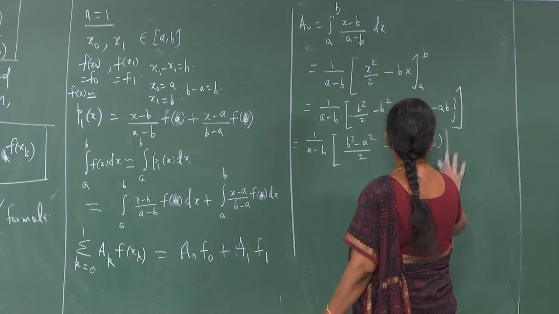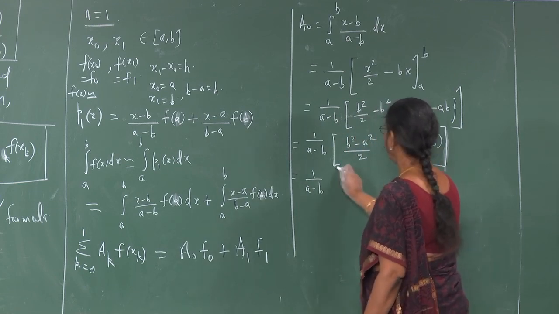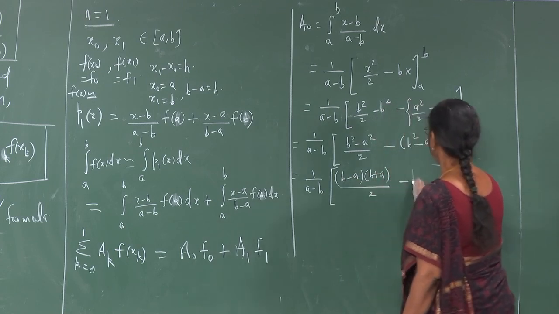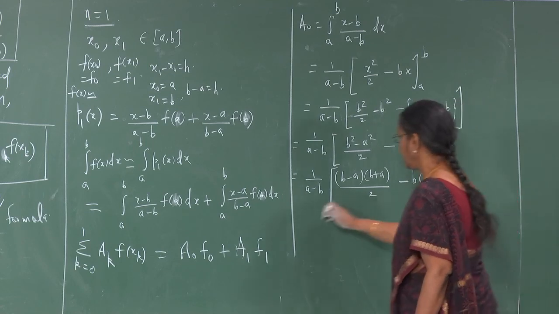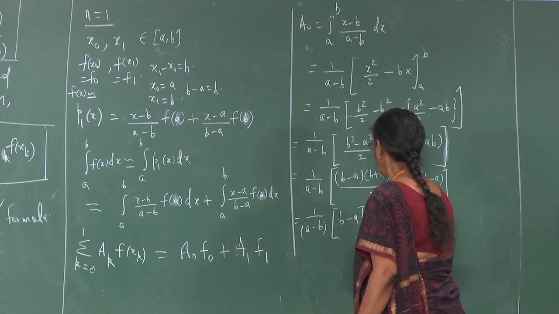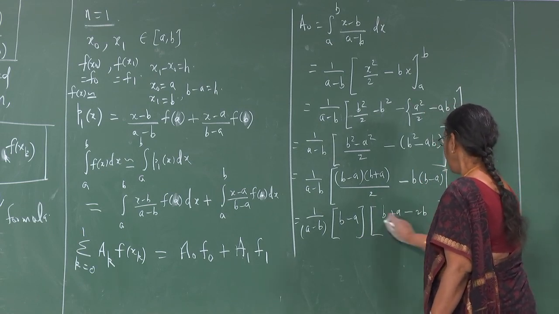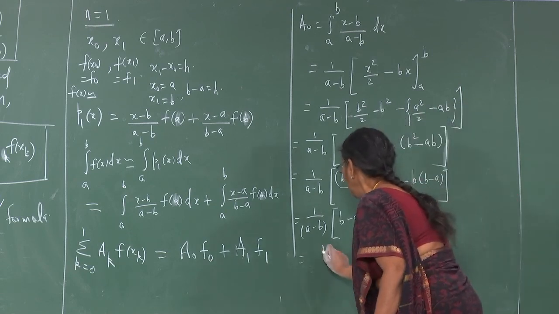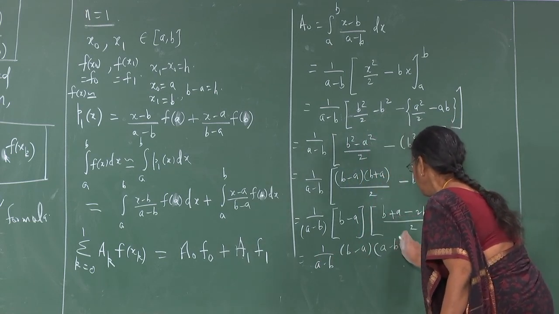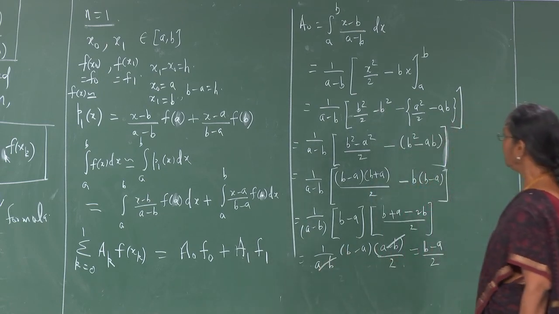So this gives you 1 by a minus b into, I can write this as b minus a into b plus a by 2 minus b into b minus a. So b minus a factor can be taken out. So I am left with b plus a minus 2b by 2. So that will give me 1 by a minus b into b minus a into a minus b by 2. So the value of a naught is b minus a by 2.